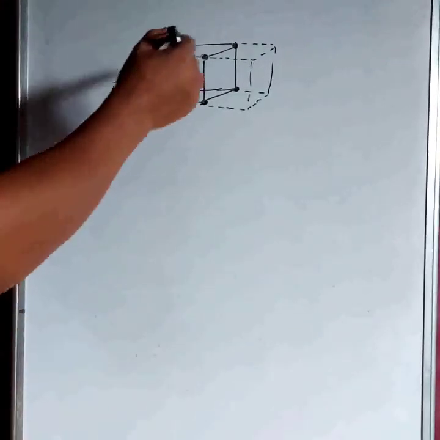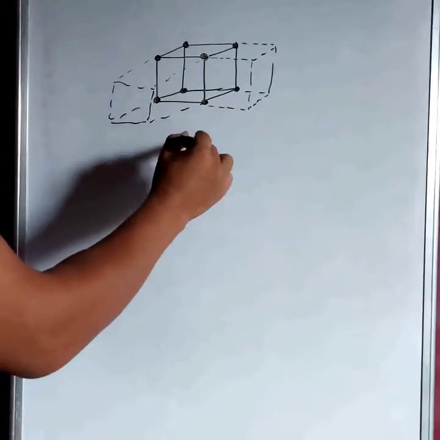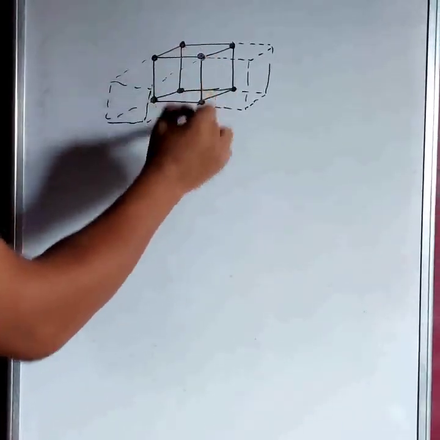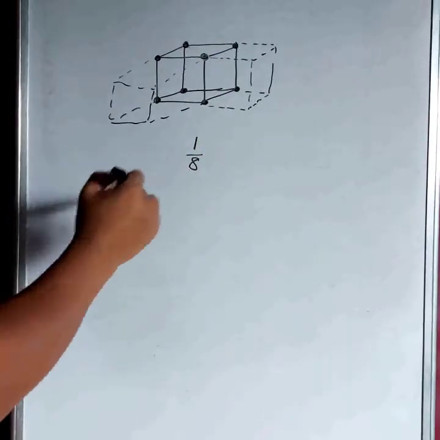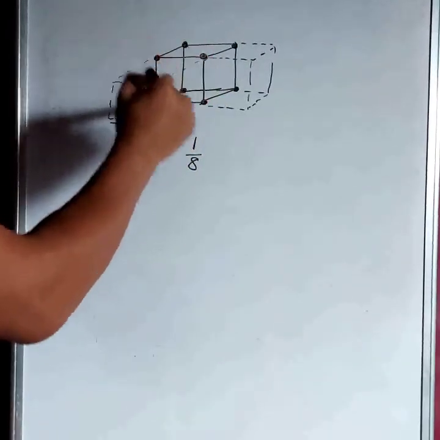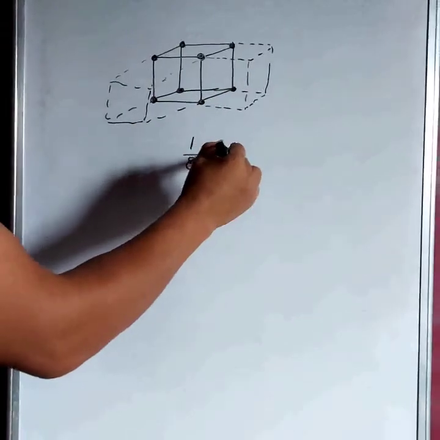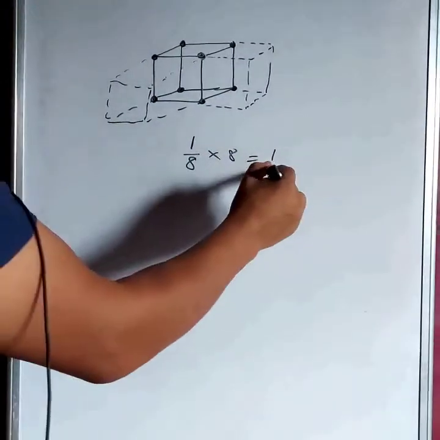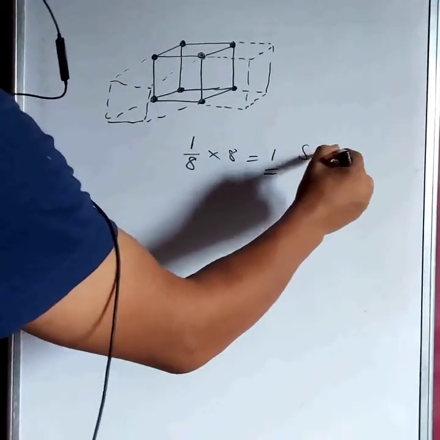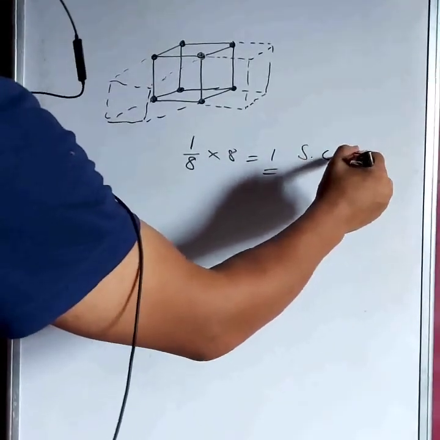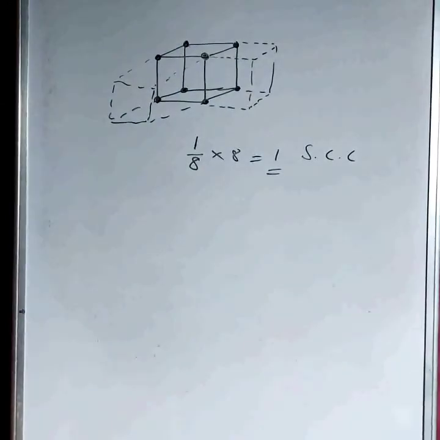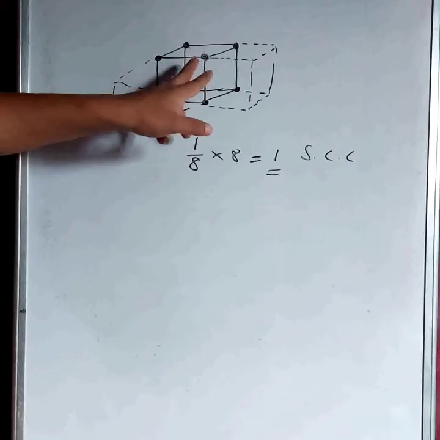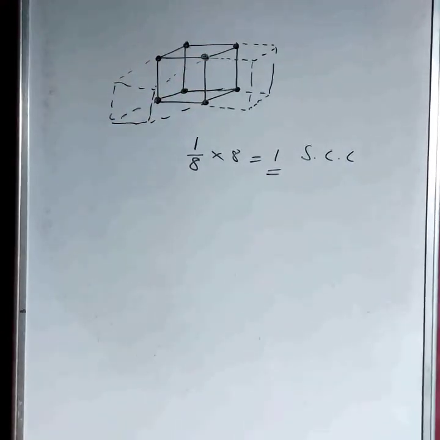So the contribution of this atom is just 1/8, because one atom is shared with 8 other cubes, and in this particular cube we have 8 atoms. If we multiply by 8, then the contribution is just 1. So for the simple cubic system, we have only one atom contribution per cube.